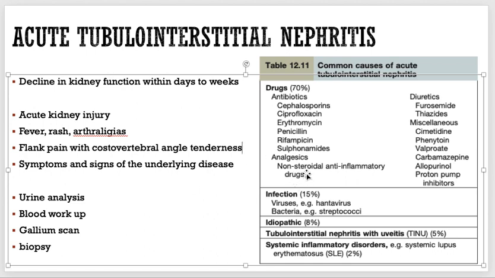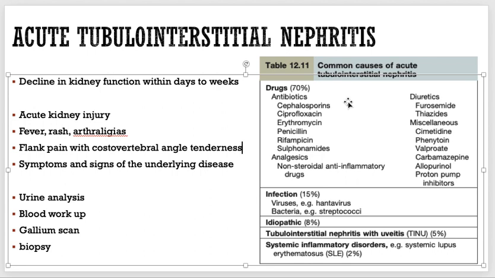Put them on antibiotics, okay? If it is due to some immune problem, we can give them corticosteroids or immunosuppressants, things like this. Okay, now of course, when we study acute kidney injury, you will understand how we deal with these conditions, okay?